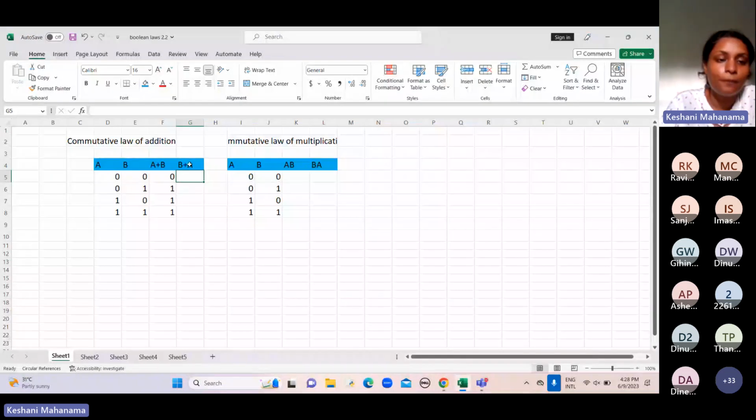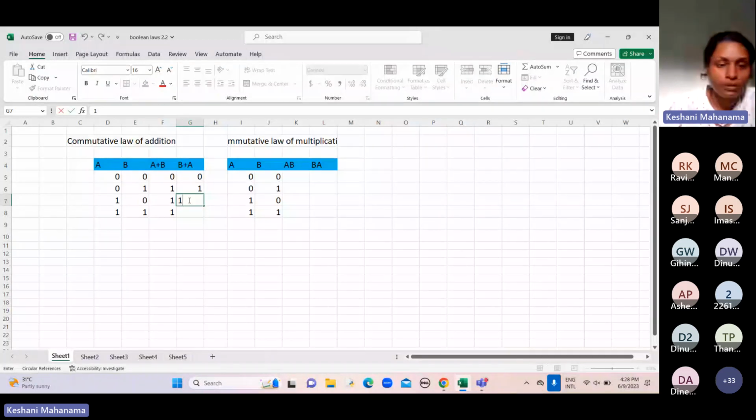So B equals 0 and A equals 0, the output is 0. B equals 1, A equals 0, the output is 1, because only one input is 1. B equals 0, A equals 1, the output is 1. Here both inputs are 1s, so the output is 1.